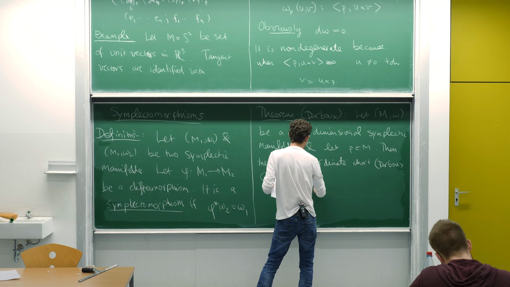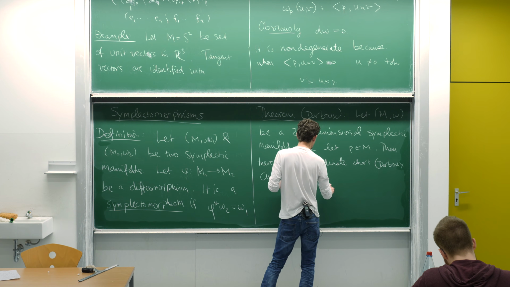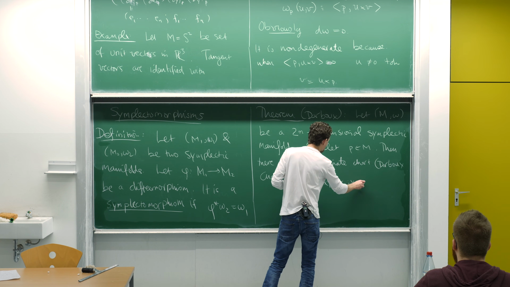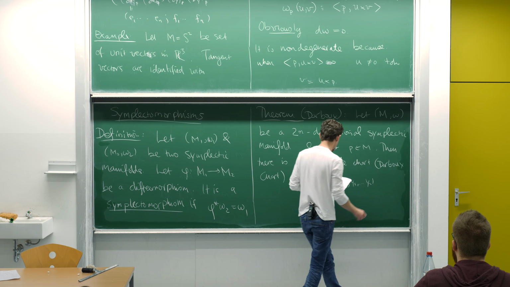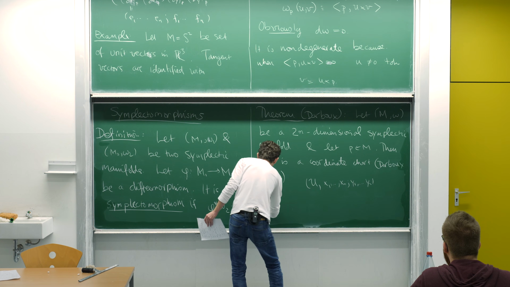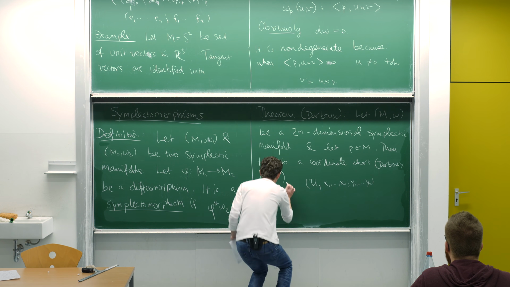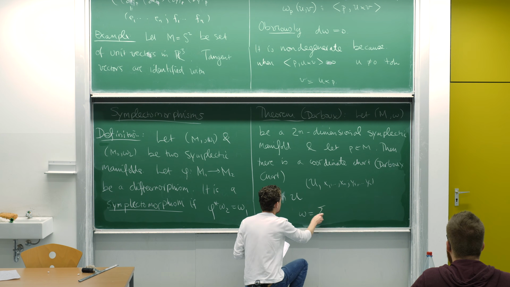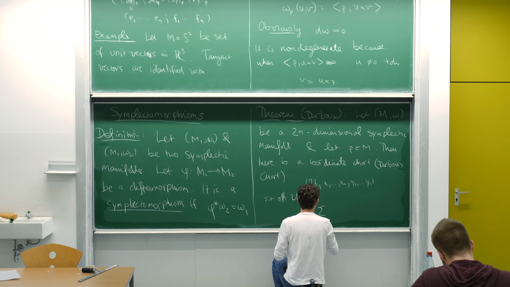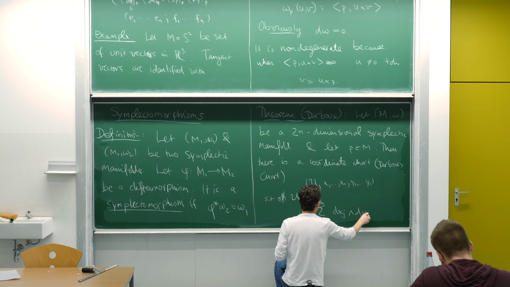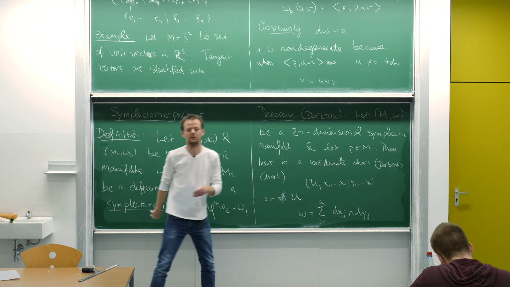I'll denote this chart as U with coordinate basis x1 through xn, y1 through yn, such that on U, our two-form is exactly the one that we had before. There are no other possibilities.